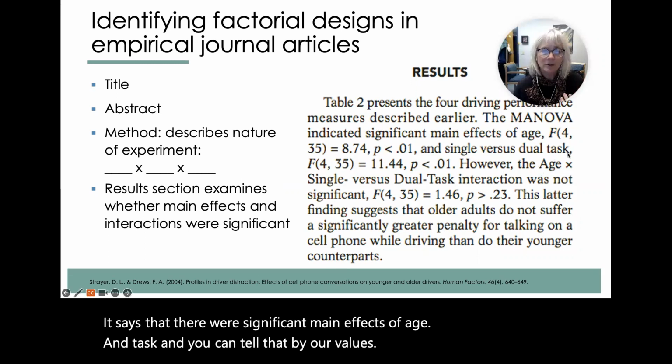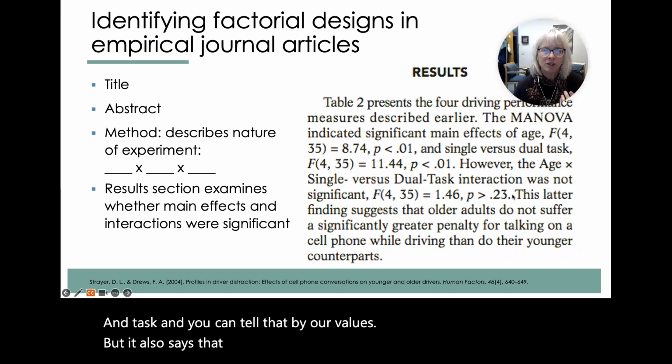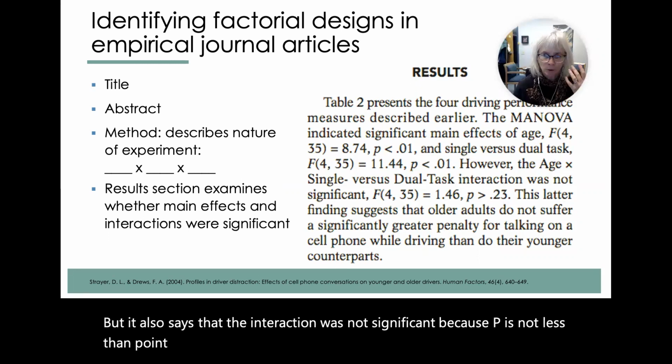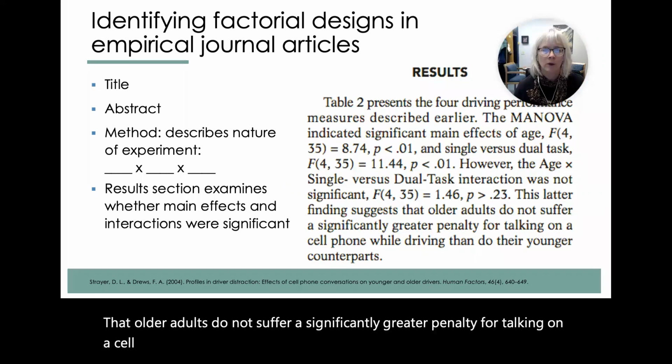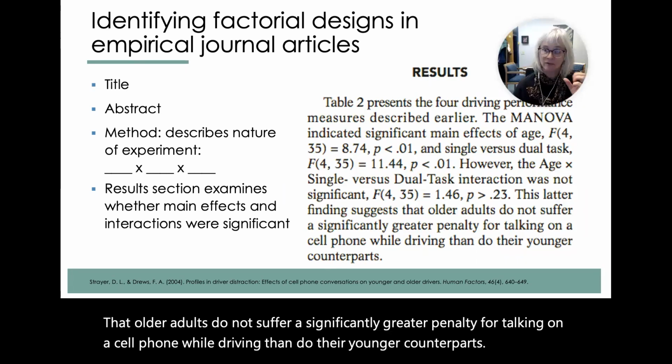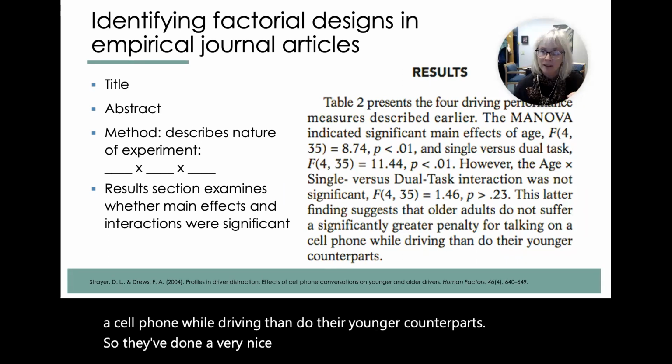But it also says that the interaction was not significant because p is not less than 0.05. So they put it into words that older adults do not suffer a significantly greater penalty for talking on a cell phone while driving than do their younger counterparts. So they've done a very nice job pulling together their data.